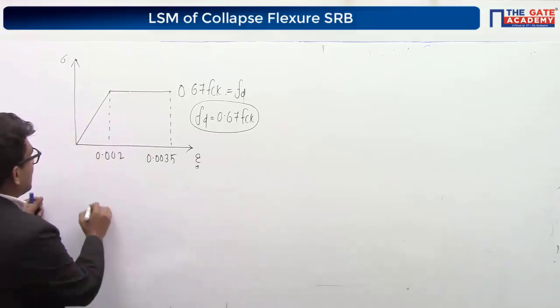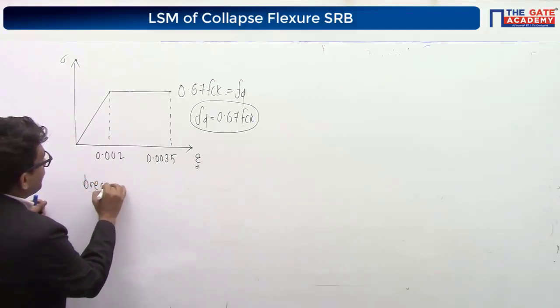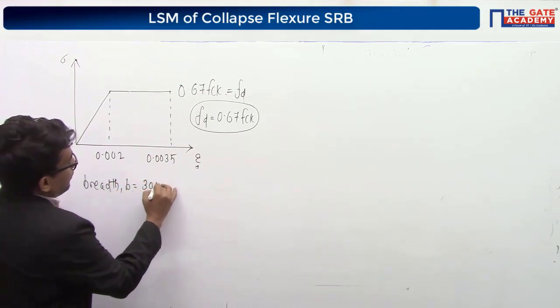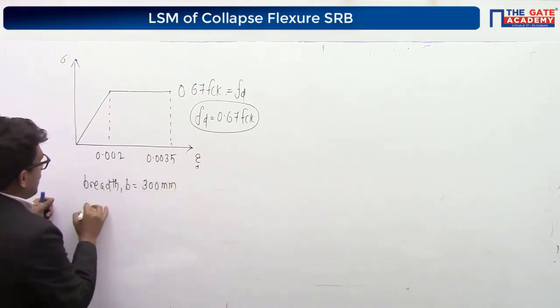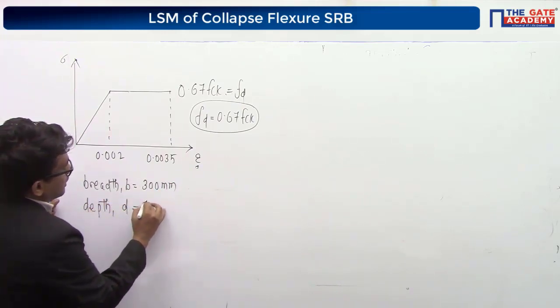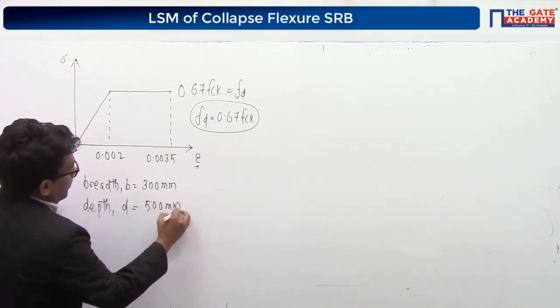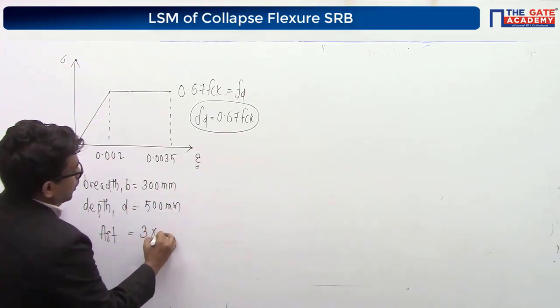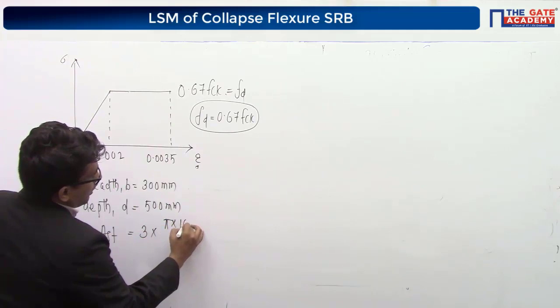Given details: breadth B is given, that is 300 mm. Effective depth, not the overall depth, effective depth D is given as 500 mm. Tension reinforcement is also given, 3 numbers of 16 mm diameter.